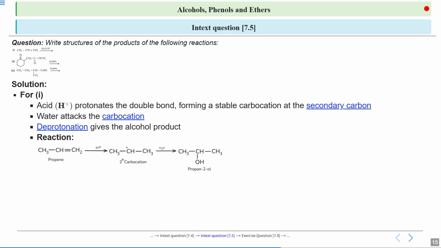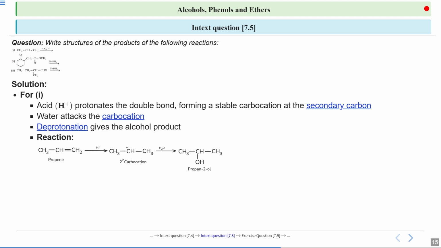You react it with H positive, acid catalysis, where the H positive protonates the double bond present in the propene, and you will get a secondary carbocation. So H positive will attach to the CH2 carbon of the double bond, and you will get CH3CH+CH3, a secondary carbocation, which is stable.